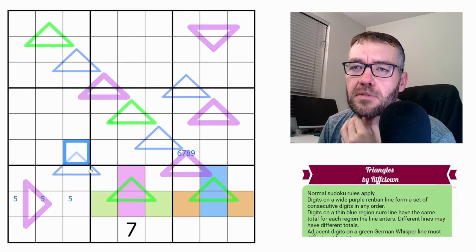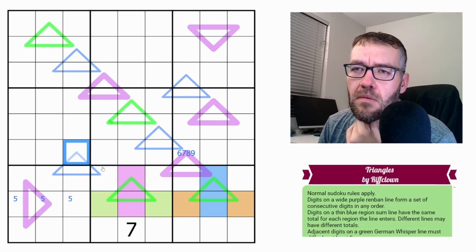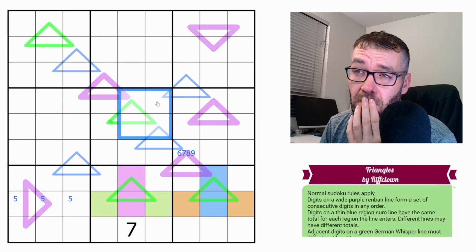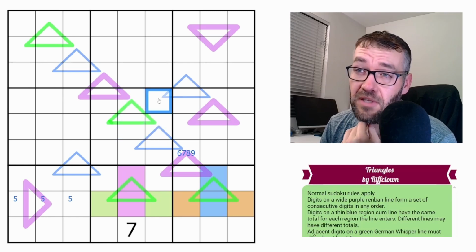So these two numbers are the same. Which means they have to go up here somewhere. And it's at least 3. It could even be the same as this number, theoretically.